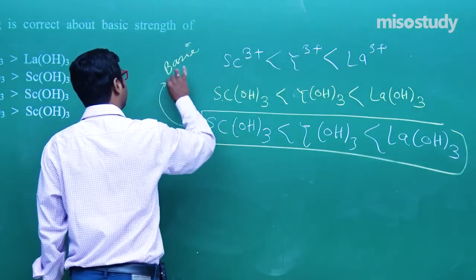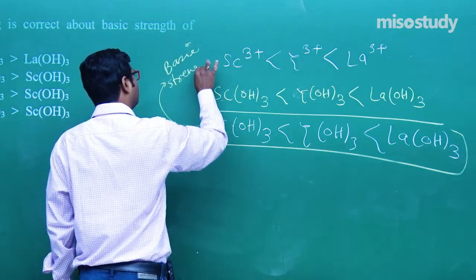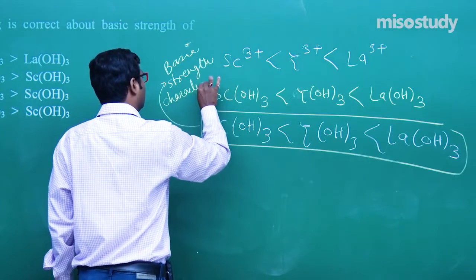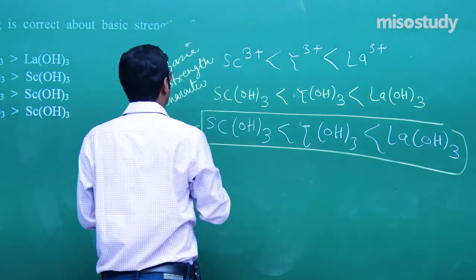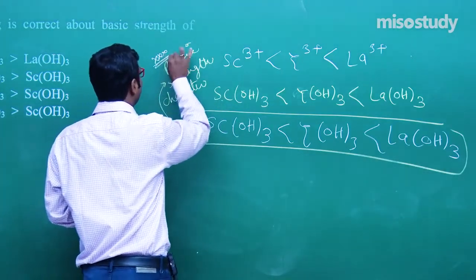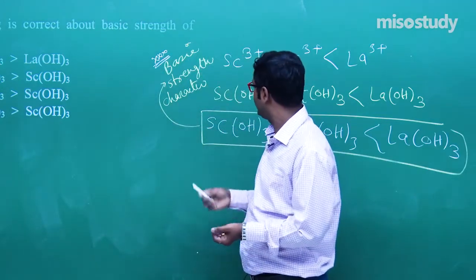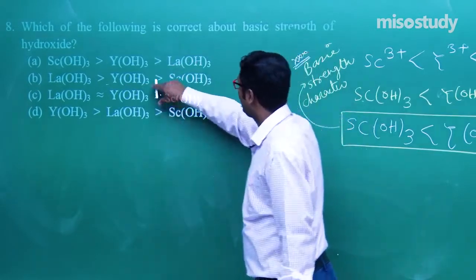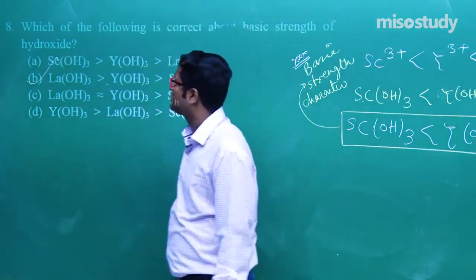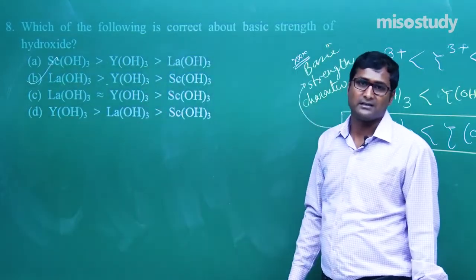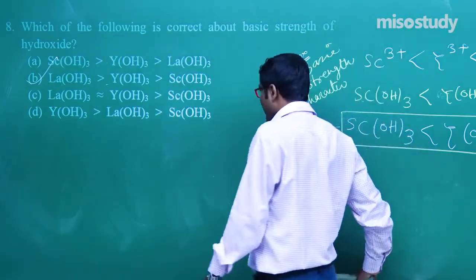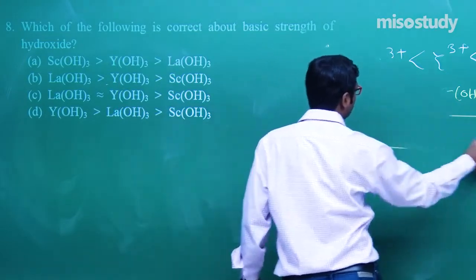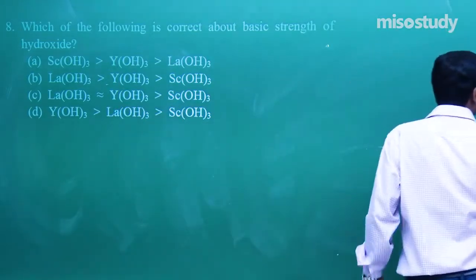Now we can easily observe that the option is La, then Y, then Sc. So for this question B is the correct answer. Clear, friend? Now let's move to the next question and see how to solve it. Check it out.